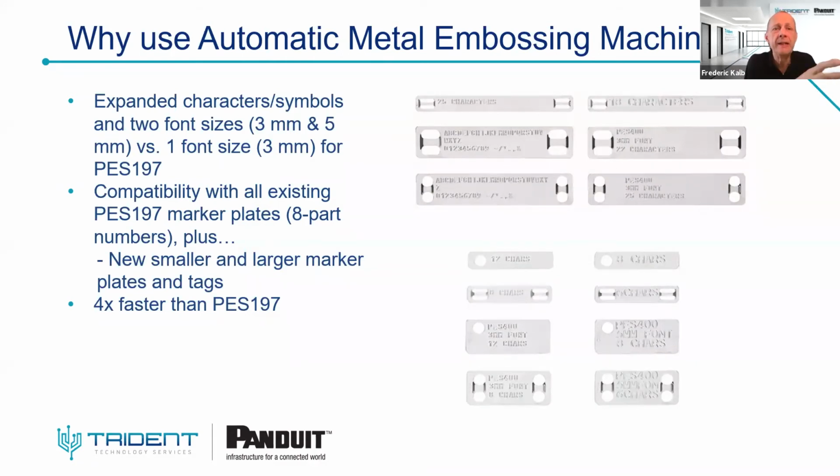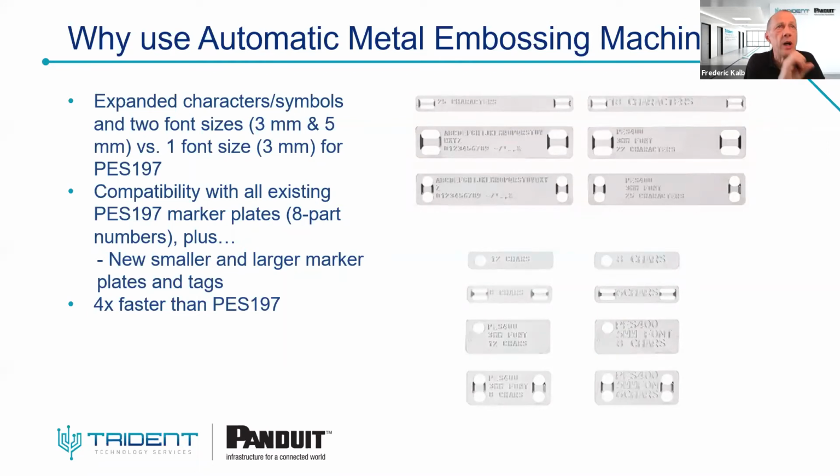But here really, it's to be more efficient, especially if you have a high number of marker plates to create, to generate. I mentioned it earlier, you can use EasyMark Plus also to drive and create labels with the PES 400.